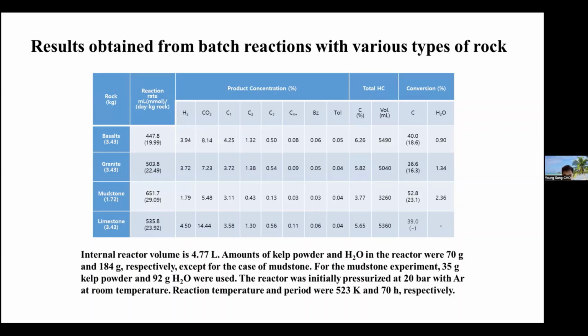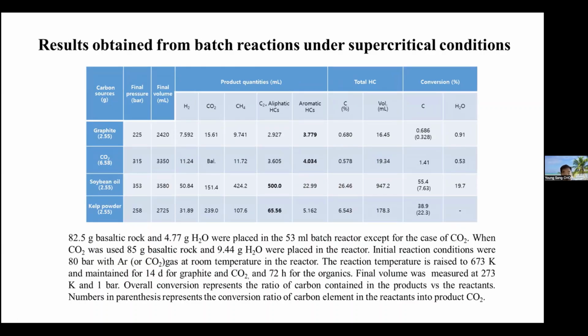Hydrogen production capability of various types of rock were tested. The results were summarized in this table. As you can see, for all the cases, reaction rate and product distribution, etc., are all alike. This means that most kinds of rocks have a capability to synthesize hydrocarbons with water and organic carbons. We also tested the catalytic capability of rocks in supercritical conditions.